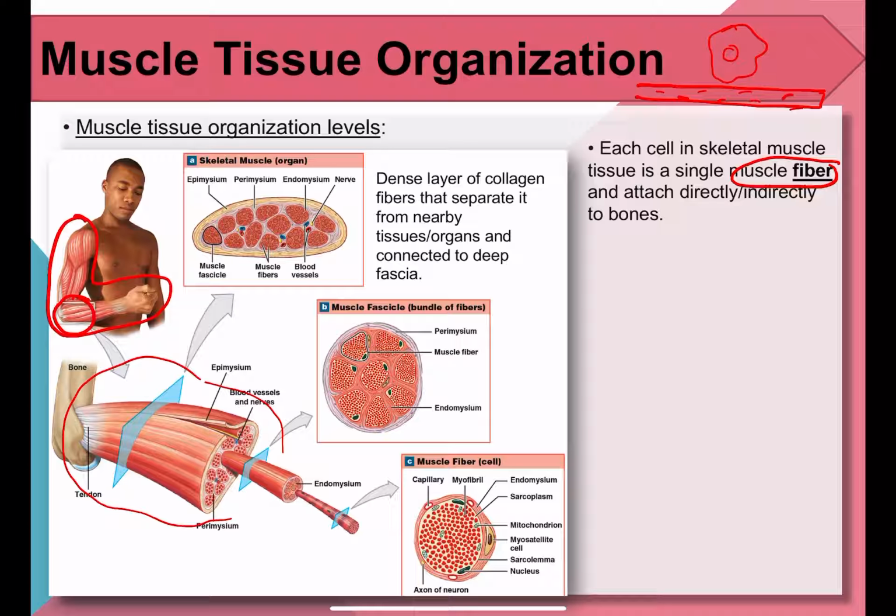So the organizational breakdown of a chunk of muscle all the way down to a muscle fiber goes like this. So first, on the exterior layer of a large piece of muscle, we're looking at this here, there is a dense layer of collagen fibers that's separated from nearby tissues and organs called epimysium.